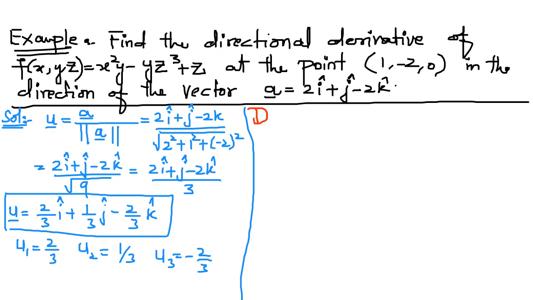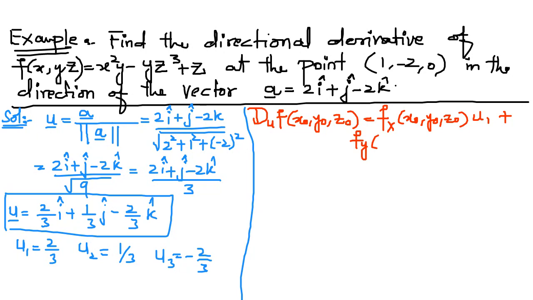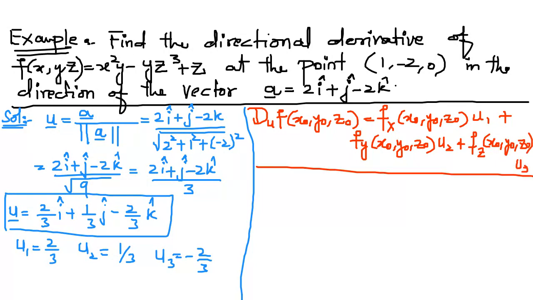Okay, so the directional derivative formula at point x naught, y naught, and z naught is equal to the partial derivative of the function with respect to x at point x naught, y naught, z naught multiplied by u1, plus the partial derivative with respect to y at that point multiplied by u2, plus the partial derivative with respect to z at that point multiplied by u3. So this is the formula.